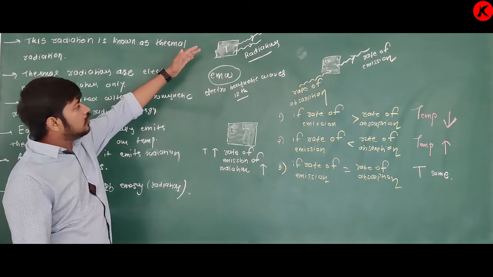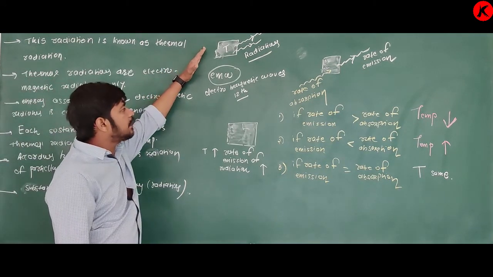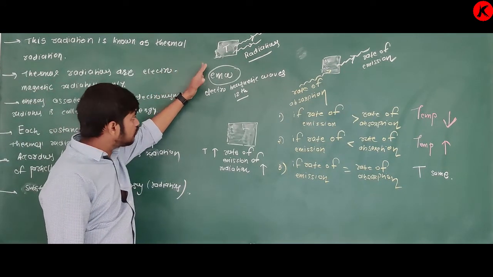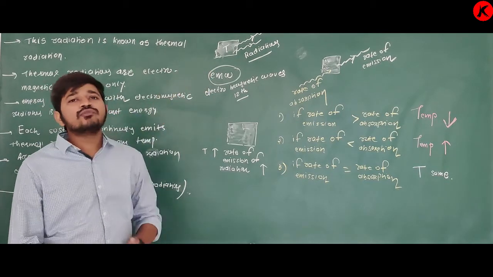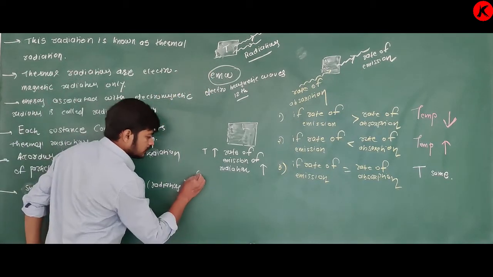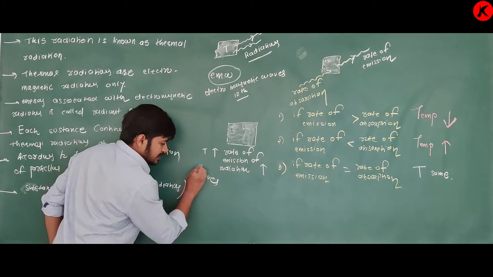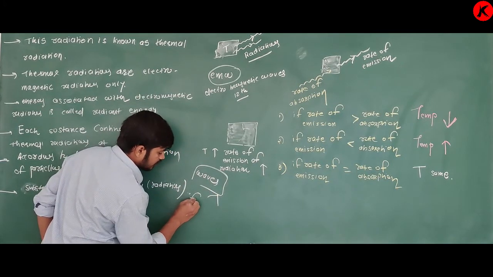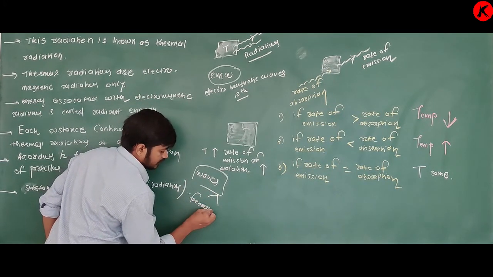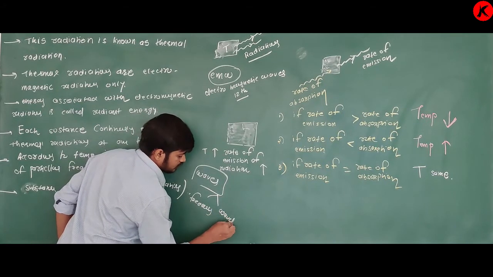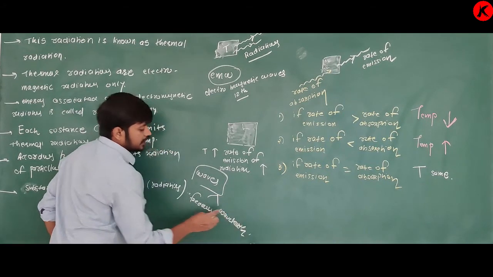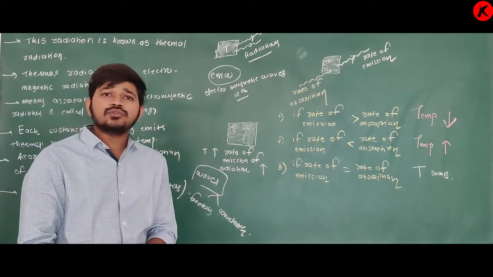Any substance according to its temperature radiates some energy. It is nothing but electromagnetic waves. For waves, the characteristic is frequency, or you can say wavelength, that you have already discussed in chapter number 15, waves.